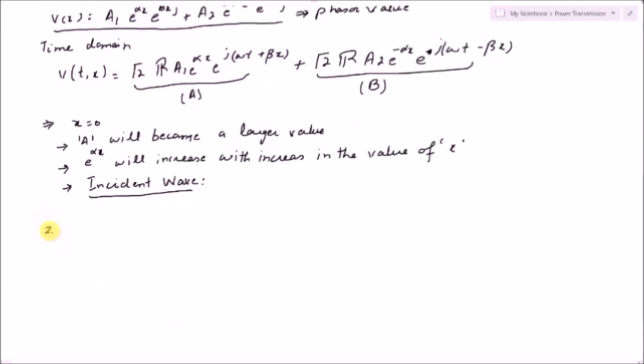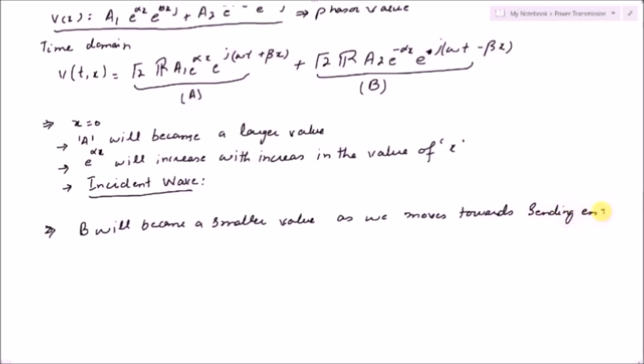For the second part of the equation, starting from x is equal to 0, B will become a smaller value as we move towards the sending end. Why?